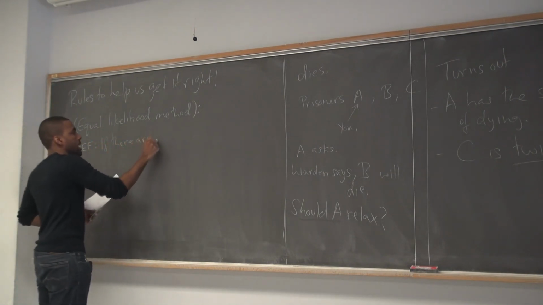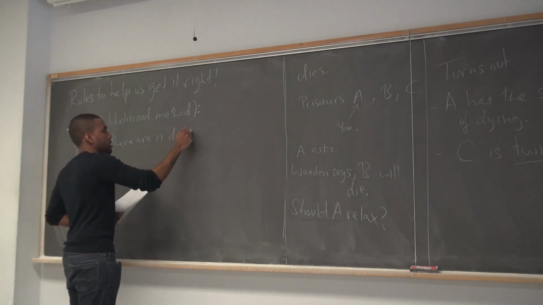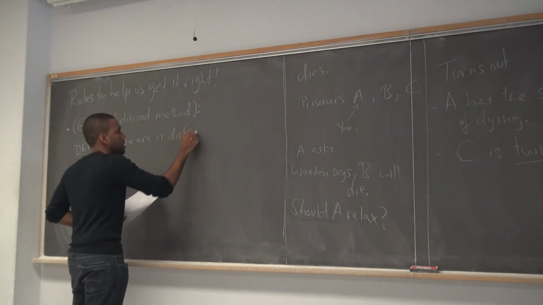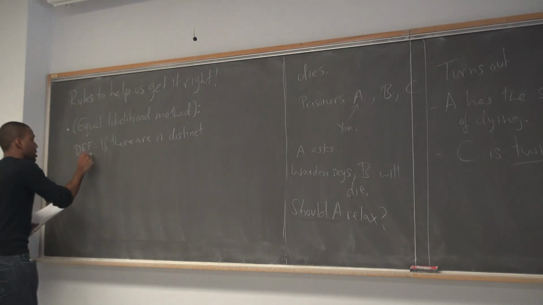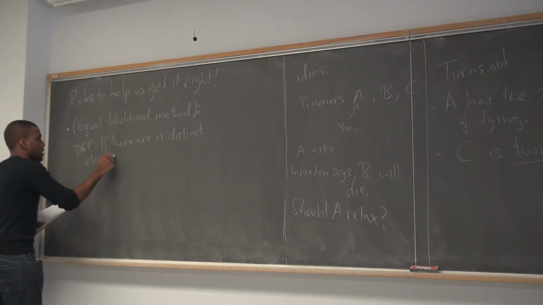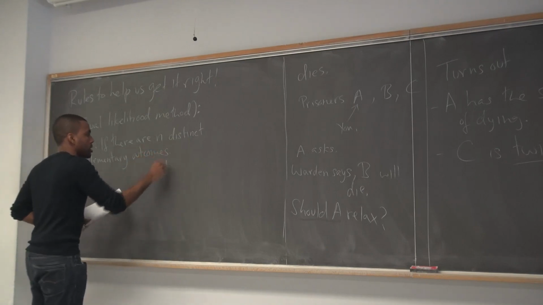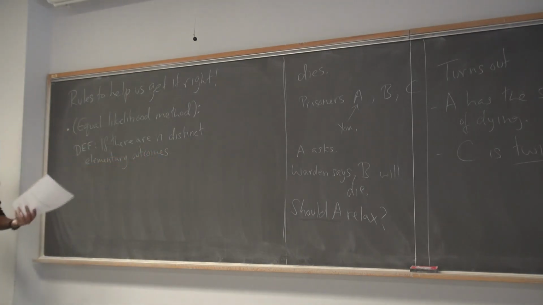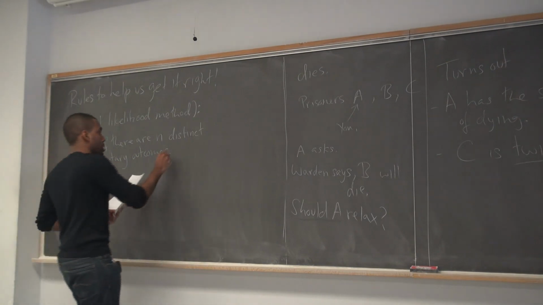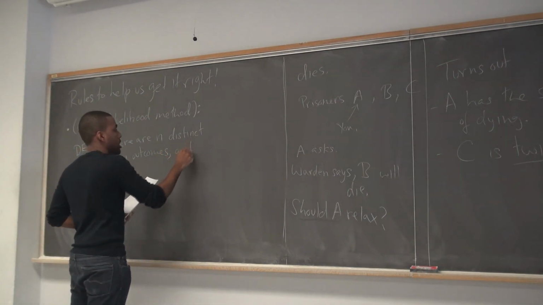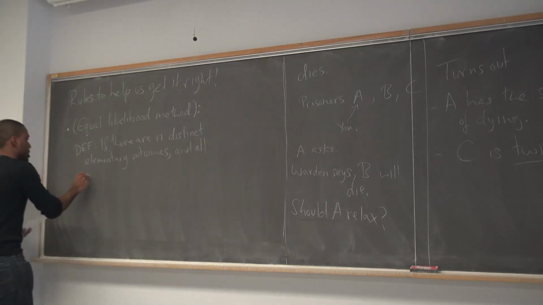Suppose there are n distinct elementary outcomes, which just means one particular situation that's possible of happening, and all outcomes are equally likely.